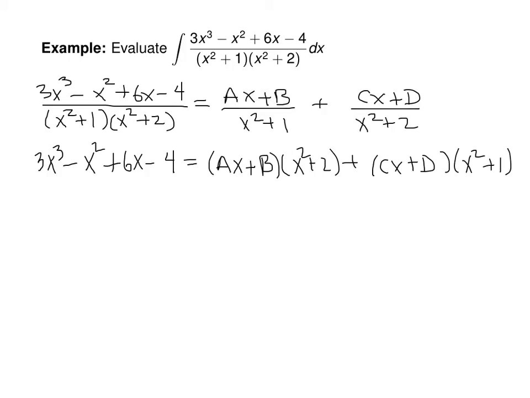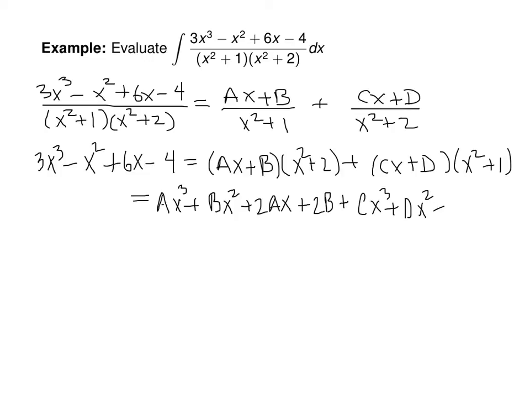And distributing all that out, we end up with Ax to the third plus Bx squared plus 2Ax plus 2B, plus, that's just the first one, plus Cx to the third plus Dx squared plus Cx plus D.